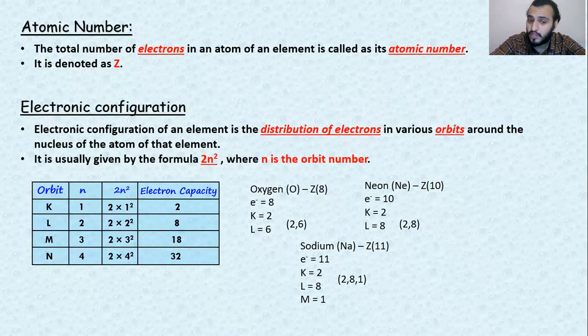As the outermost shell is incomplete, we can say these elements, sodium and oxygen, are unstable. And to become stable, they will form compounds. And to form a compound, they will combine with some other element.